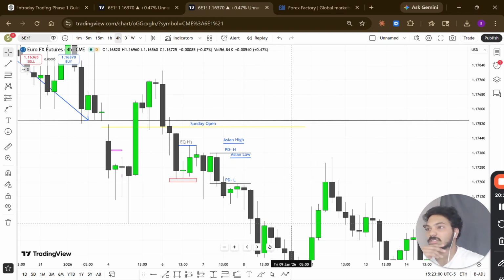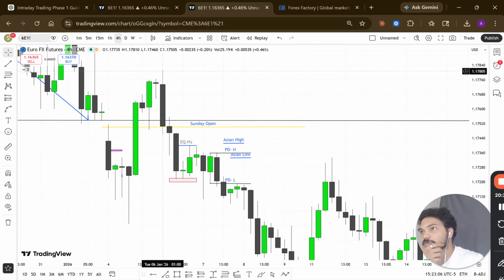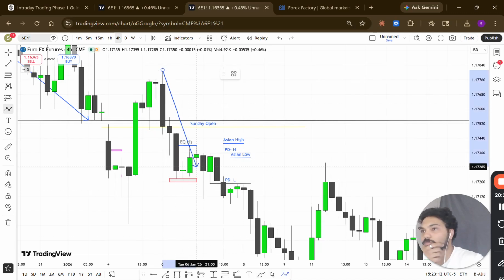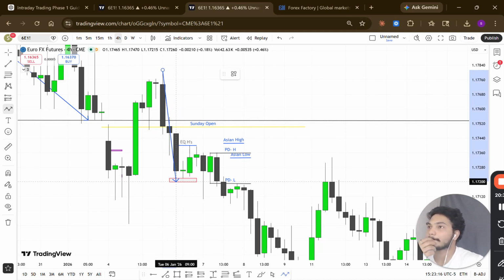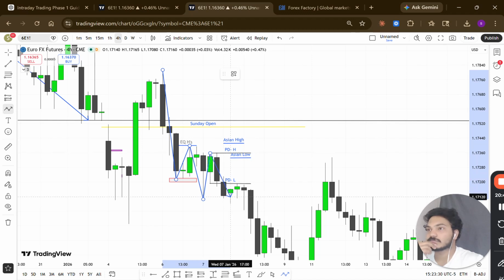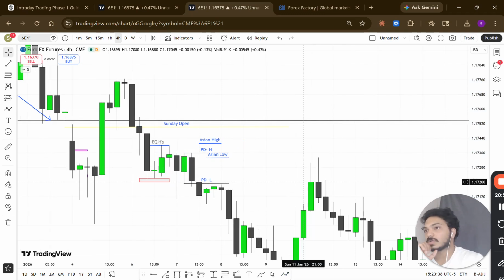High and lows are marked. So from a lower high, it made a lower low, or made a lower high, lower low, high. So we marked high and low.